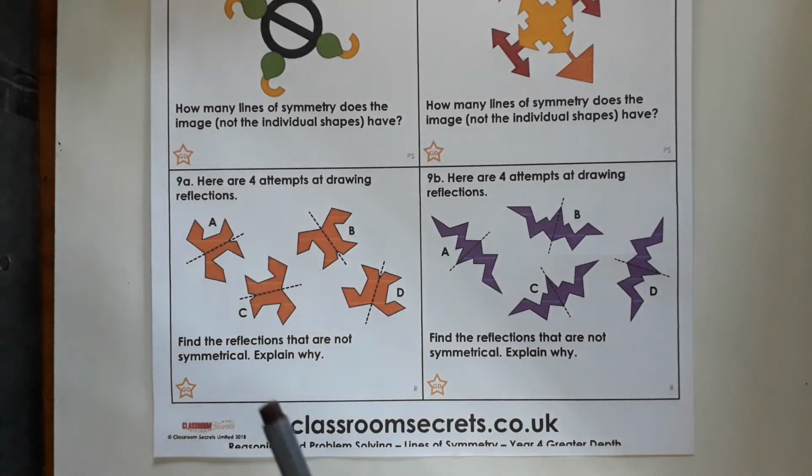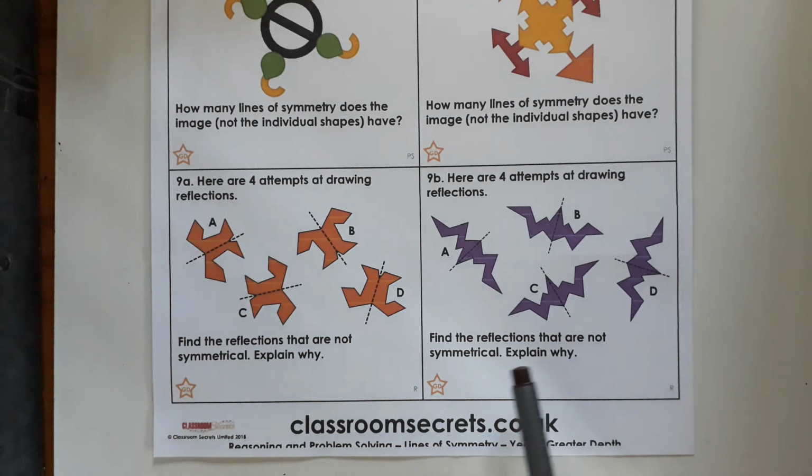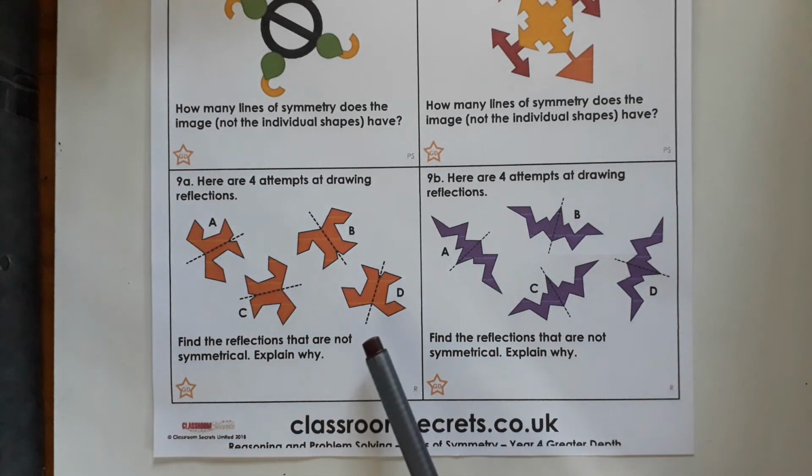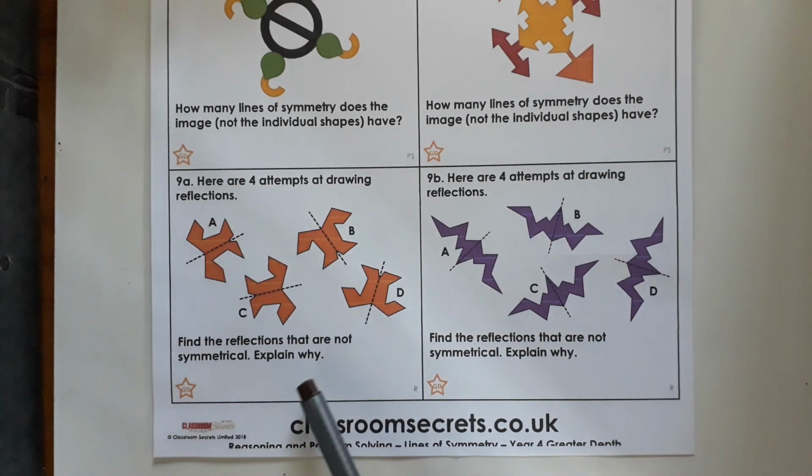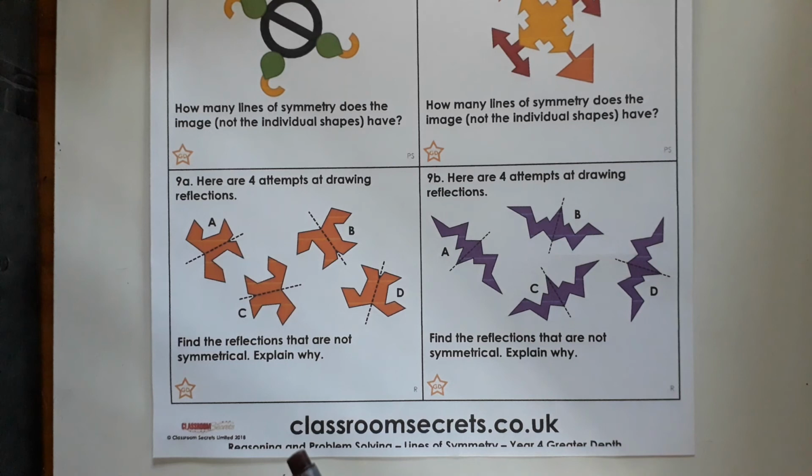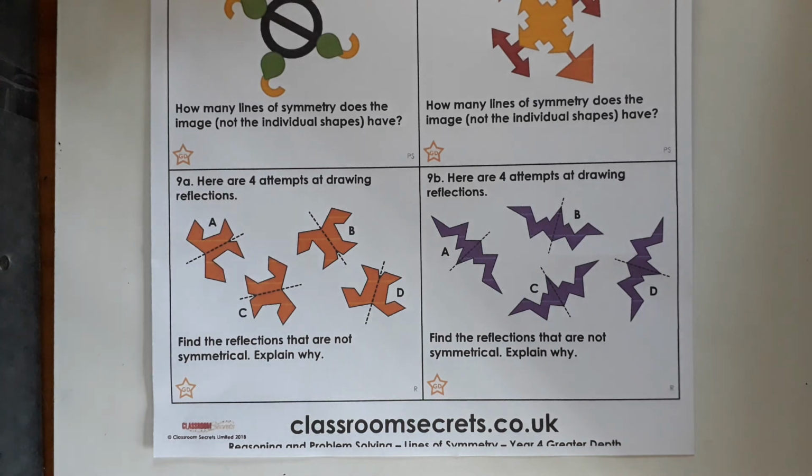And then this is the greater depth sheet, so you need to look really closely at these shapes, because at first glance they look the same both sides, but if you look really carefully, you will see that they are not the same.